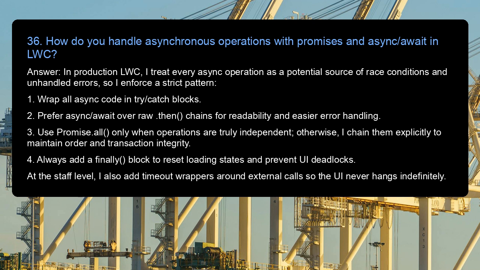Use Promise.all only when operations are truly independent. Otherwise, I chain them explicitly to maintain order and transaction integrity. 4. Always add a finally block to reset loading states and prevent UI deadlocks. At the staff level, I also add timeout wrappers around external calls so the UI never hangs indefinitely.